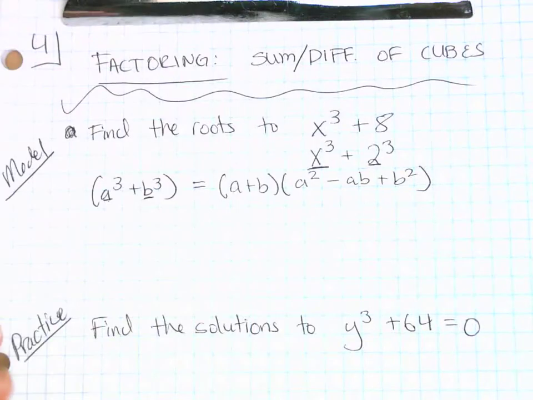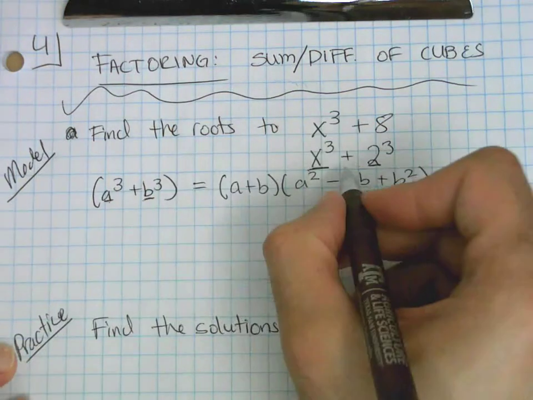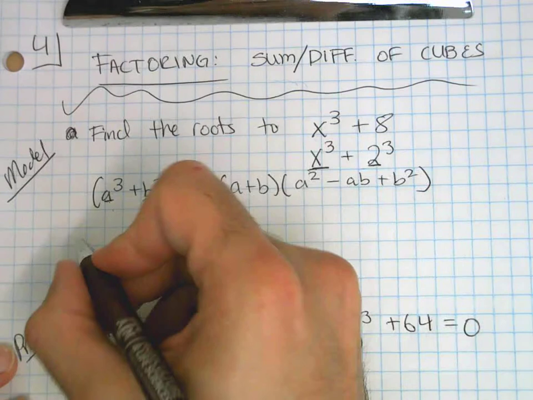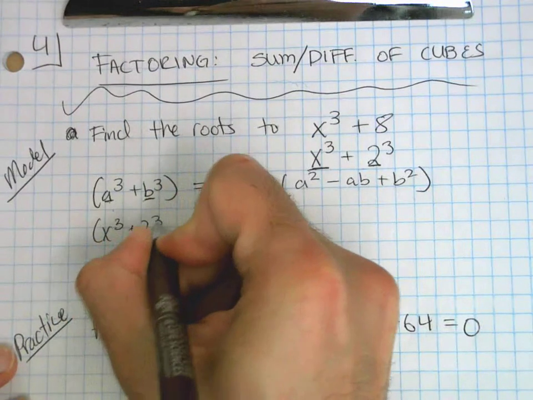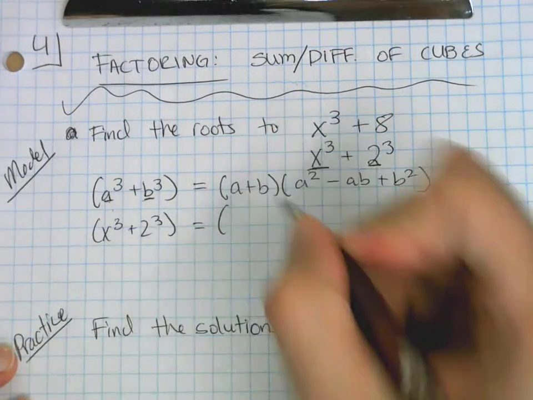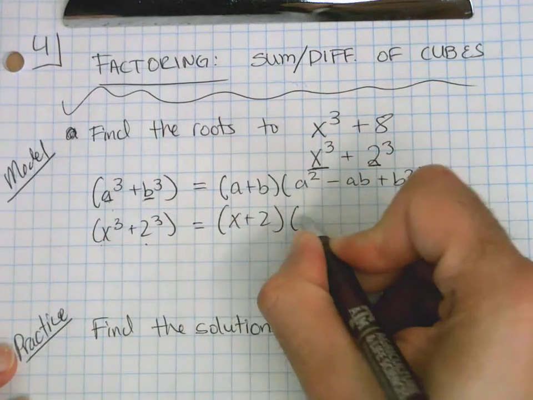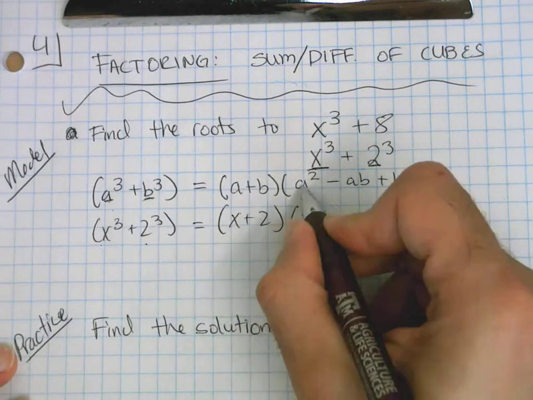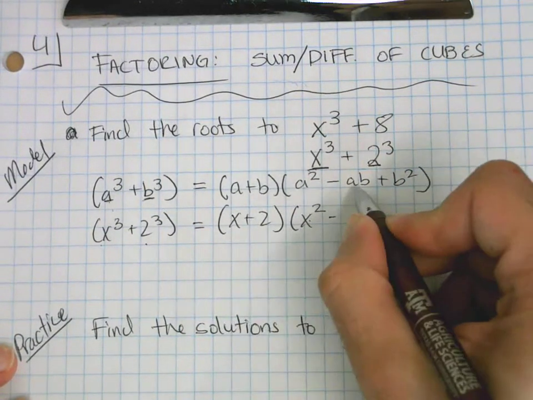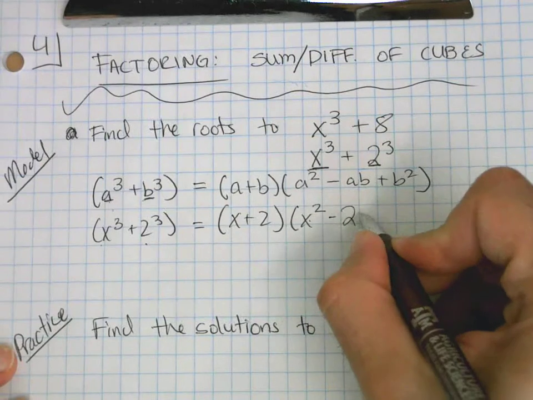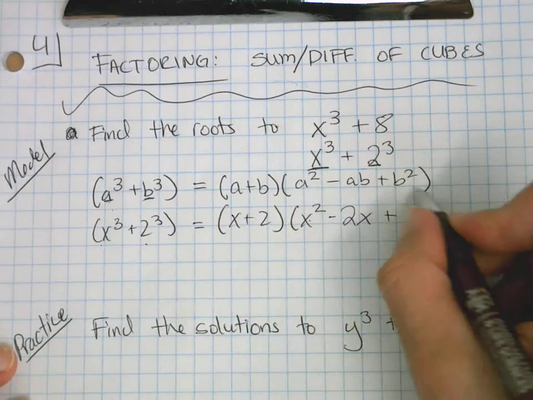All right, let's try plugging it in. So I have x cubed plus 2 cubed, and this formula says that it's going to be x plus 2 times x squared, because x represents this a, minus 2 times x plus 2 squared. What's 2 squared?